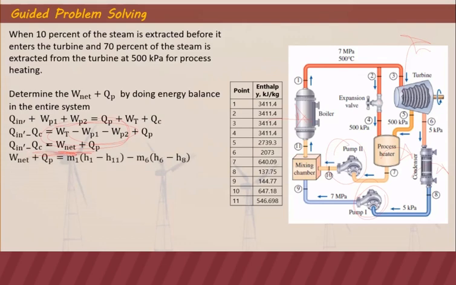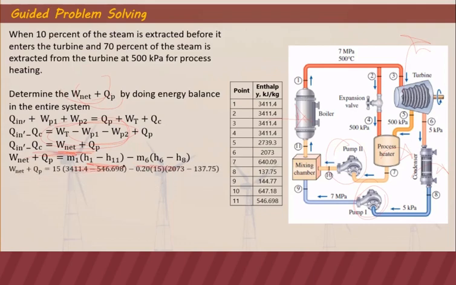So our work net plus QP, which we need for the utilization factor, is just equal to Q in minus QC. Our Q in is equal to M1 times H11 minus H1, or the heat input in the boiler, minus QC, or the heat rejection in the condenser, which is M6 times H6 minus H8.